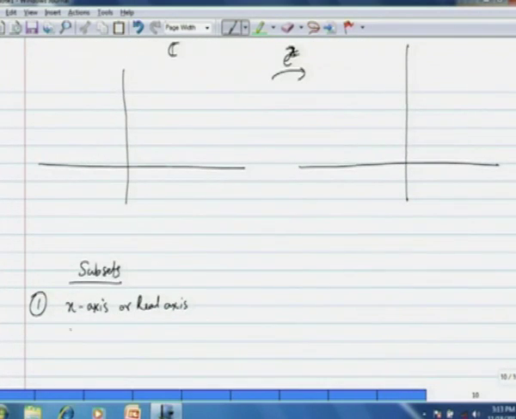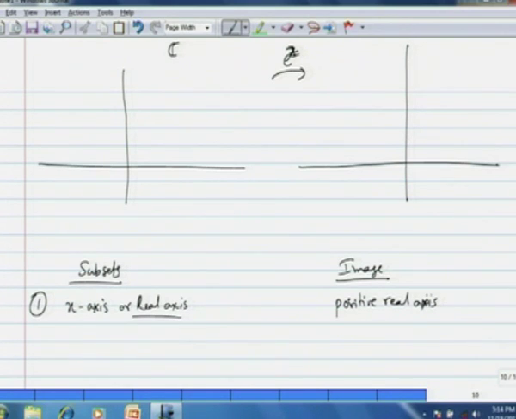So, when you consider the x axis or the real axis, then the image of the x axis, well, we know the exponential function tallies with the real exponential function when we restrict ourselves to real numbers. So, what we get is the positive real axis.